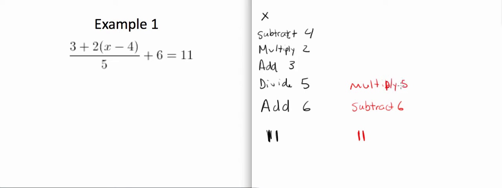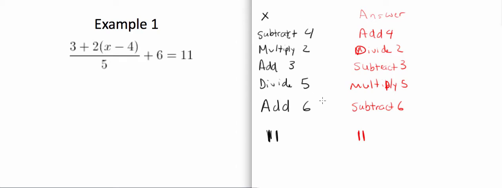We're going to subtract 3. And then we're going to divide by 2 and add 4, and we get our answer.